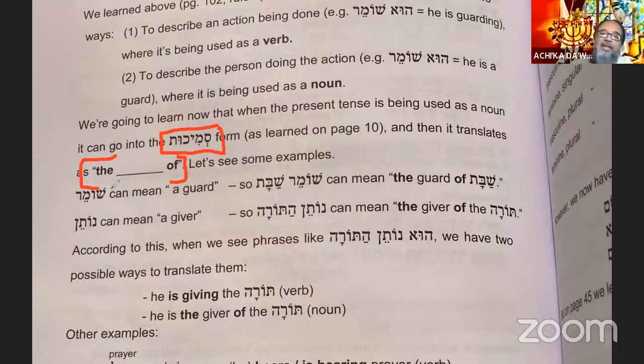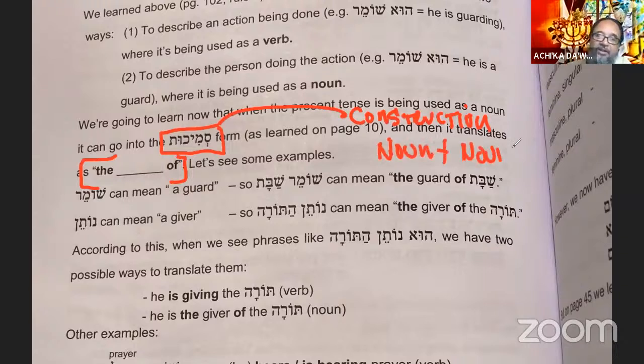A smichut is a blank of. When you put anything in a smichut, which is a construct, meaning it's going through some changes, and two nouns are put together, a noun next to another noun, that's what you call a smichut form. In these words, the blank of is implied.